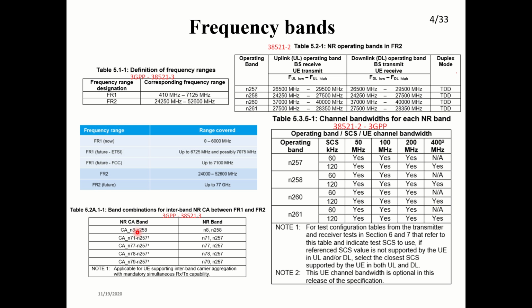Based on hardware complexity and other things, they could have decided these carrier combinations. For example, 257 and 258 you cannot combine, because both are adjacent bands and it's overlapping here, so you may not have selectivity for the RF components. That's why they could have chosen like this. That's my assumption.